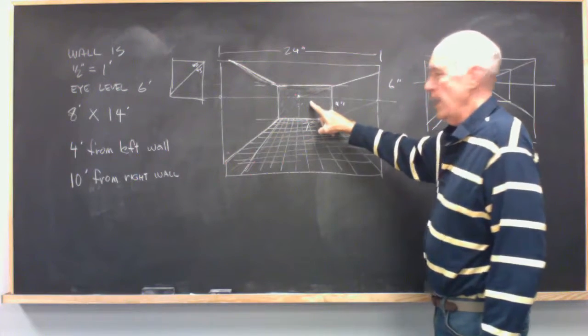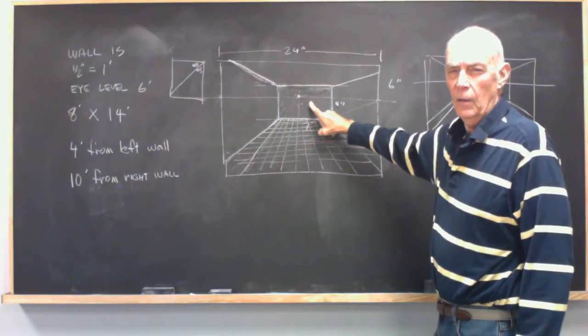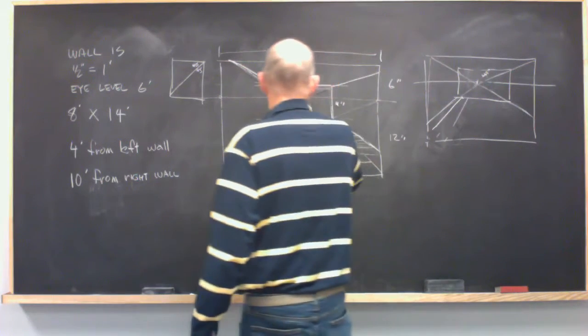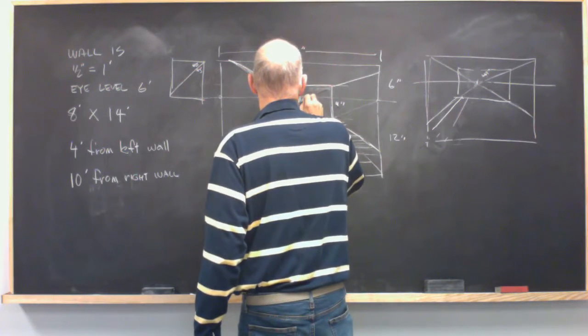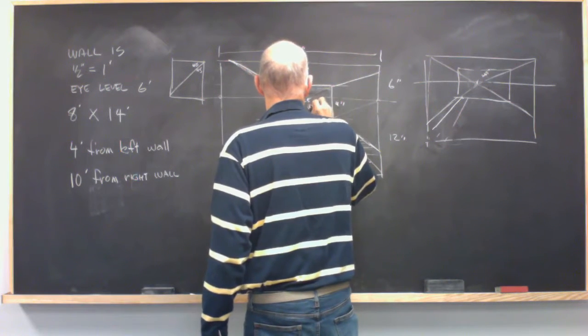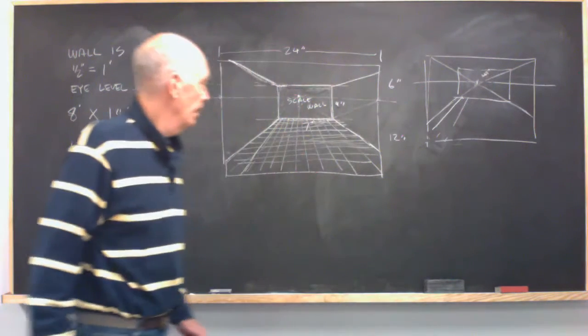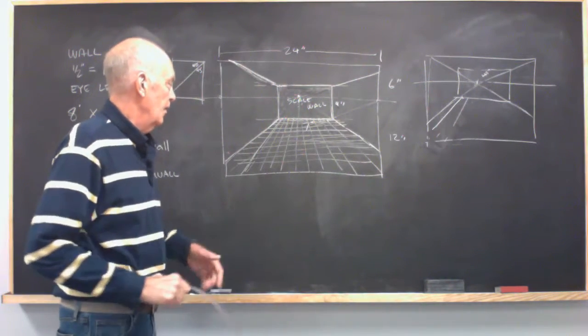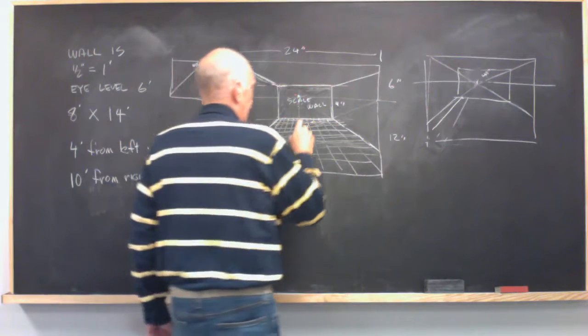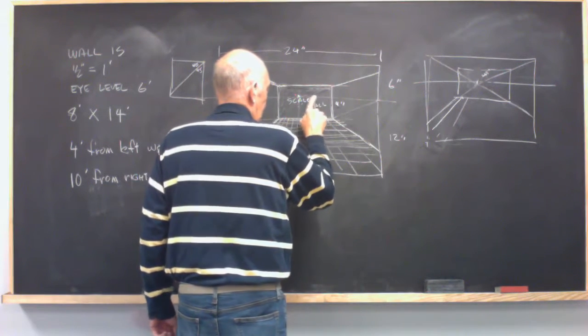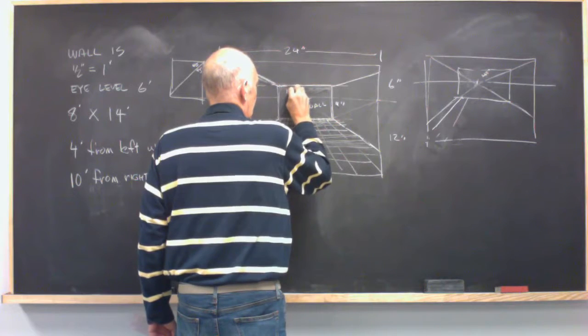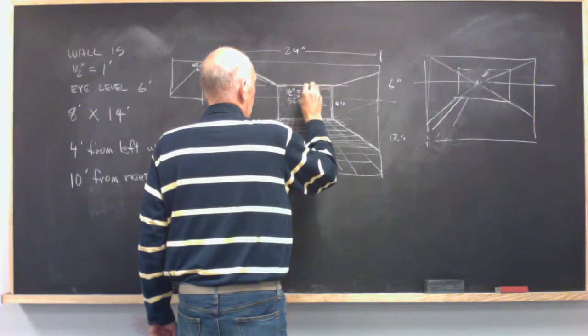This, by the way, is called the scale wall, which means that anywhere on this wall, 1/2 inch equals 1 foot.